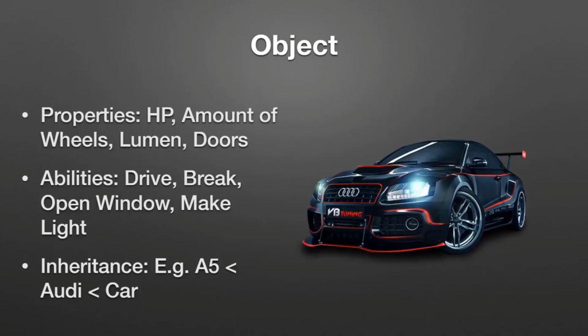Then the abilities would be to drive, to brake, to open a window, make light, and so forth. Plenty of abilities. And then finally inheritance would work like that. You have a car which inherits to Audi. So an Audi is a car but has specifics. Then an A5 is an Audi but has its own specifics, and so forth.